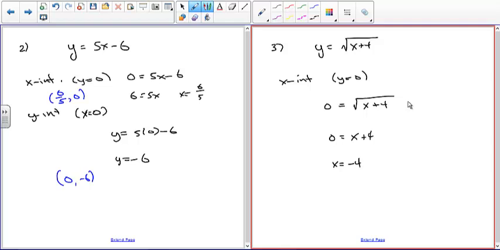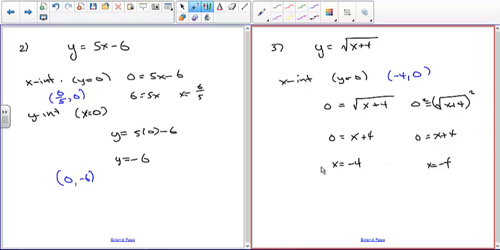Or you could square both sides. So you'd have 0 squared equals the square root of x plus 4 squared, which is 0 equals x plus 4, so x equals -4. So our coordinate pair is going to be -4, 0.